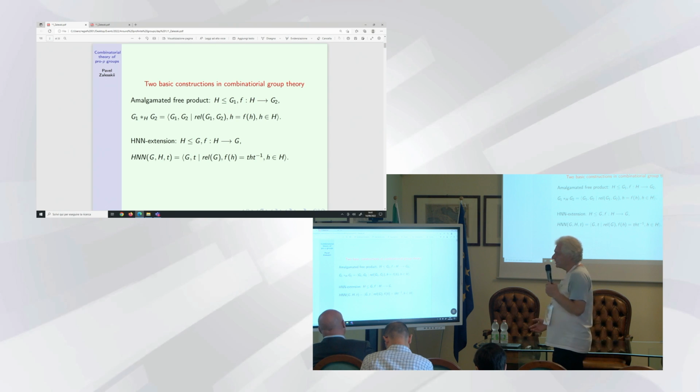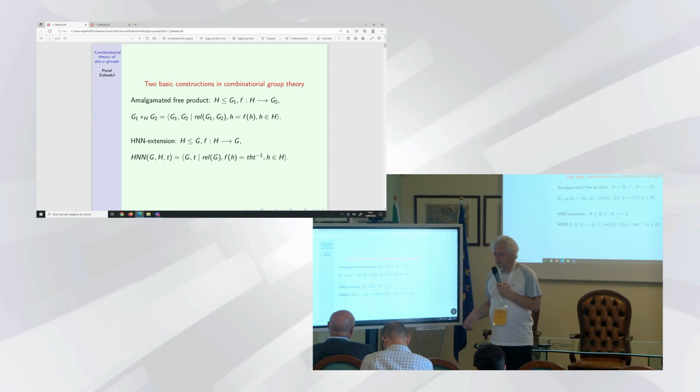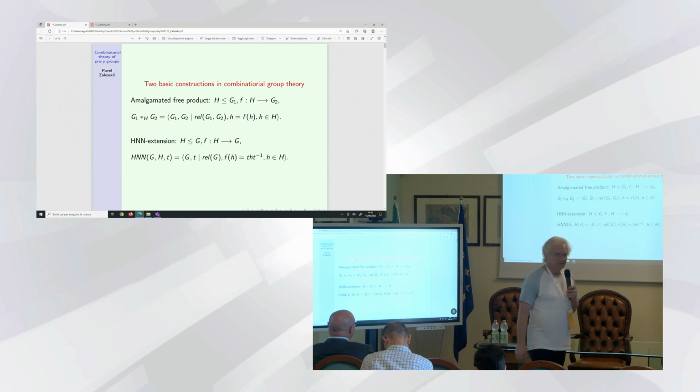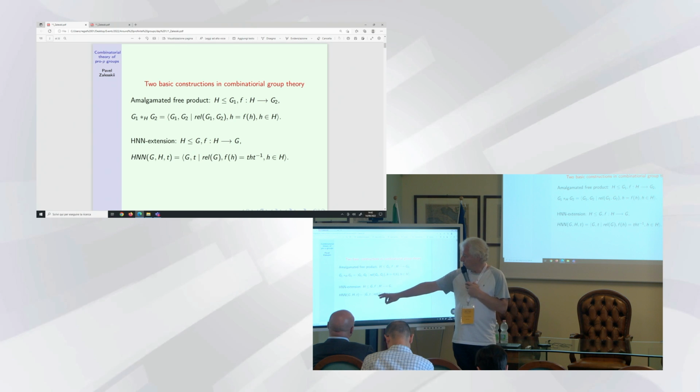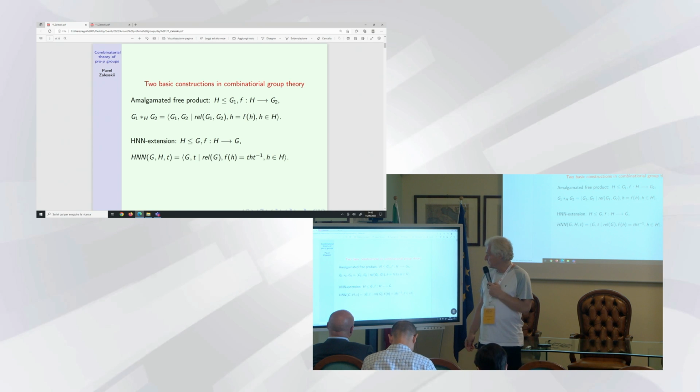The second construction is the HNN extension, which is named after Higman, Neumann and Neumann. The data is the following: you have a group G, a subgroup H of it, and another embedding of H into G. It is also given by a presentation: it is generated by G and another extra element t, which is called the stable letter.